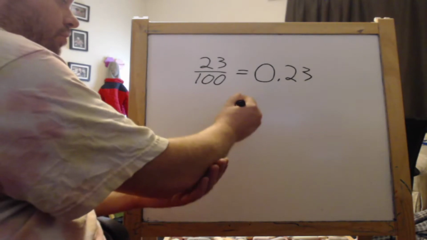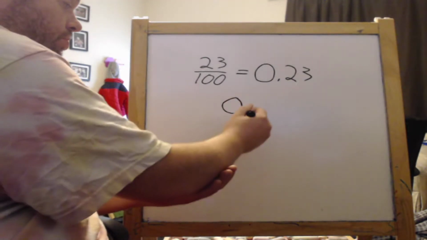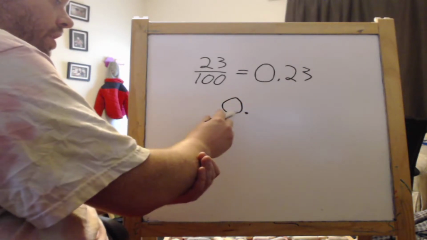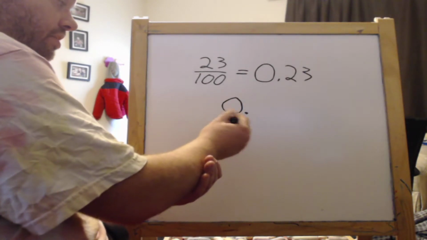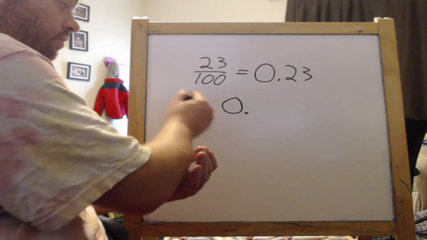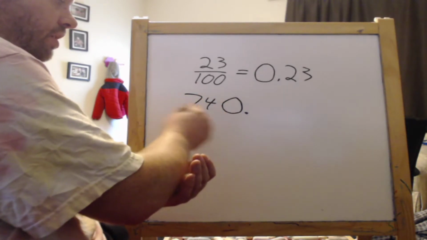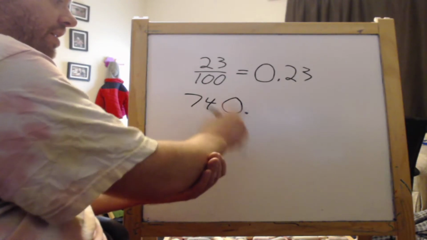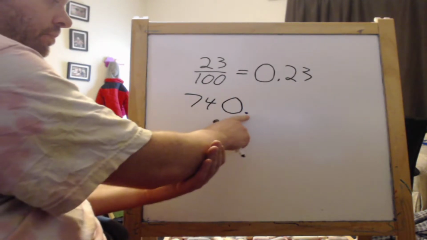Now, how decimals work, to go over, is this is in the ones place, right? So we could have 740, okay? Any time that you have a decimal, it is after the ones place.